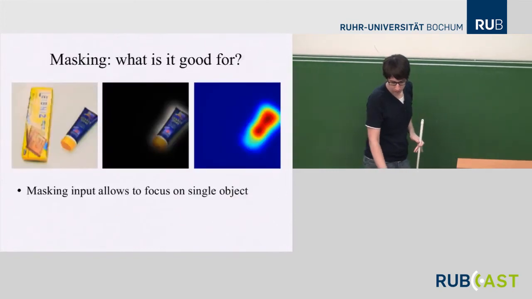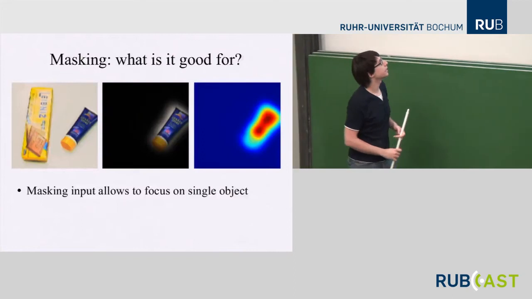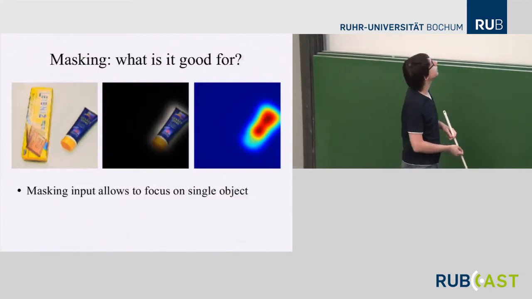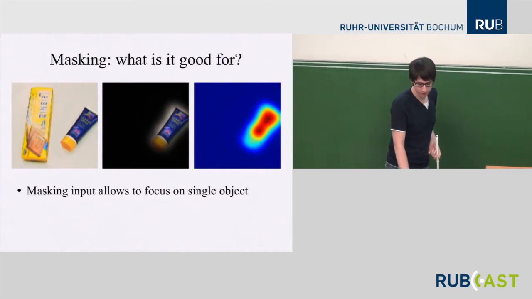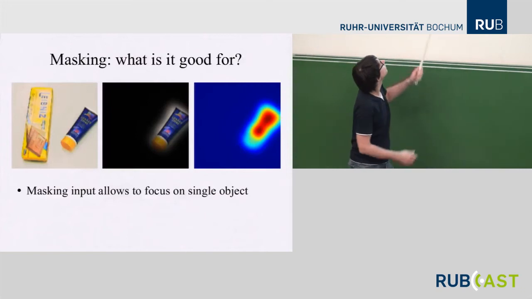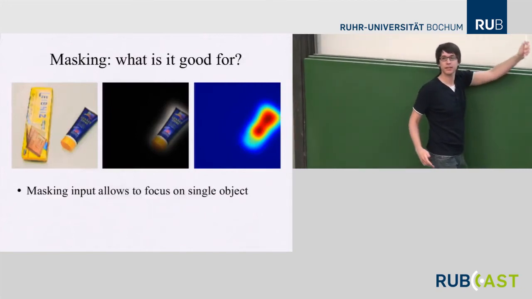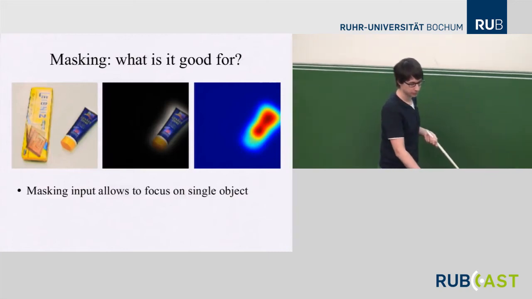All right, so we've talked about that. This masking kind of looks just like a bonus in this case because we don't have any cluttered backgrounds. We haven't systematically evaluated it yet on cluttered backgrounds, but it also has some other nice uses. For example, you can see here there are two objects in the input, and I don't know how usual object recognition systems deal with that.